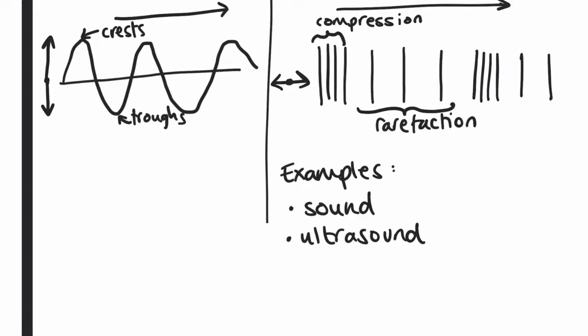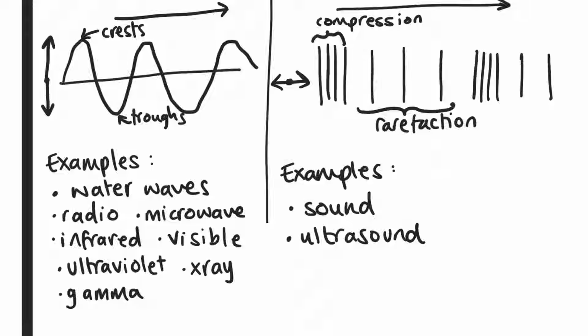And we'll look at ultrasound in a bit more detail shortly. For transverse waves, we have a few more examples that we can choose from. We have water waves, and then we also have a group of waves that are known as the electromagnetic spectrum. Now we'll be looking at each of these waves in more detail again in this video, but I'll list them here as well.